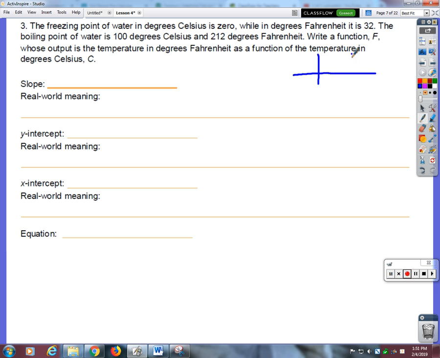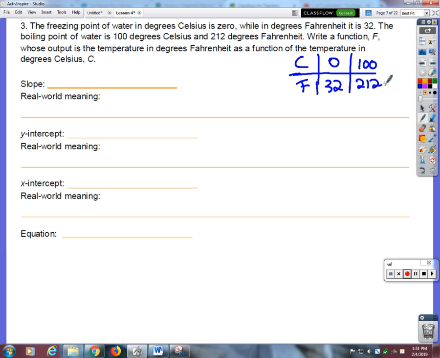So this is a tricky one, but it's a really common one because people have to change between Celsius and Fahrenheit all the time. So what they're saying is a Celsius temperature of 0 corresponds to a Fahrenheit temperature of 32, and a Celsius temperature of 100 corresponds to a Fahrenheit temperature of 212.